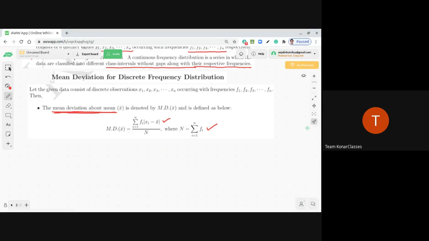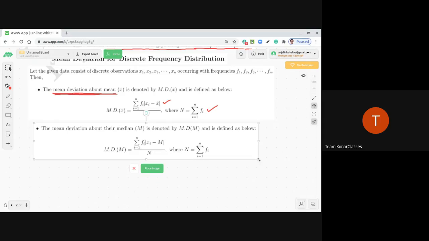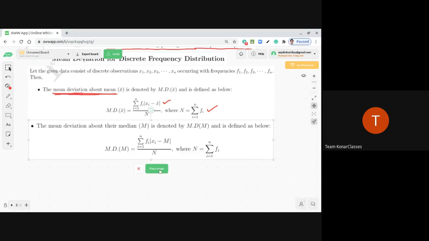Here it is MD about the median, with a capital M. All remains the same as the mean deviation about the mean. In the case of the mean it was x bar, and in the case of the median it is capital M, where capital M is the median of this data. Apart from that, everything remains the same.